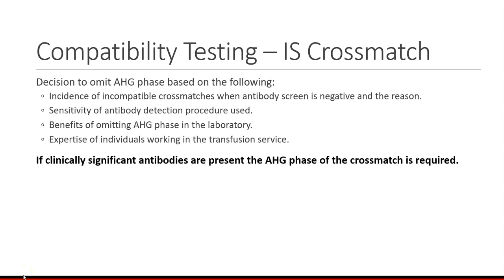The decision to omit the anti-human globulin phase of the cross-match is based on the following: the incidence of incompatible cross-matches when the antibody screen is negative, and the reason; the sensitivity of the antibody detection procedure used; the benefits of omitting the anti-human globulin phase in the laboratory, and that's generally time and money because we're not using those reagents; and the expertise of individuals working in the transfusion service.